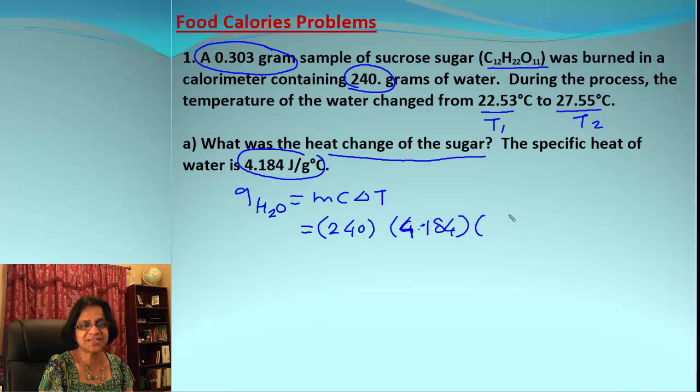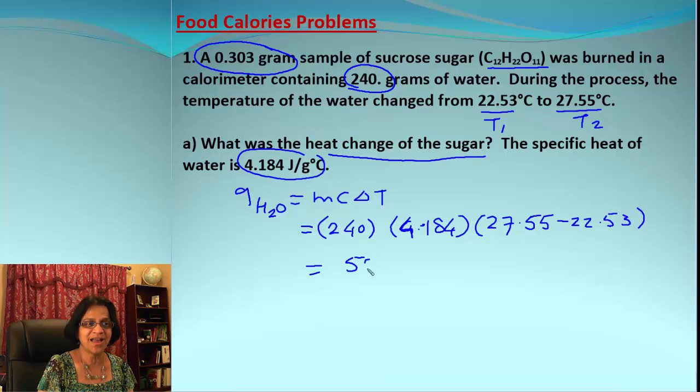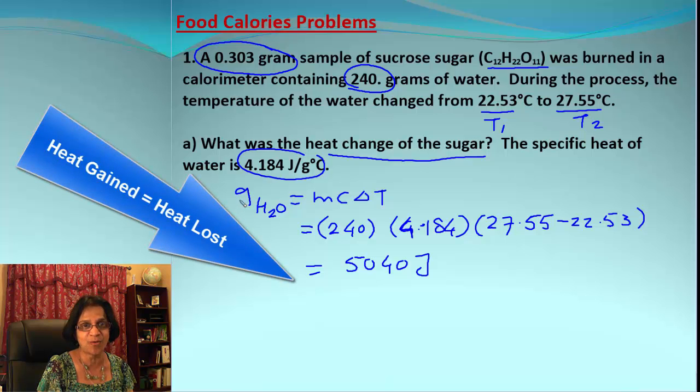And delta T will be final minus initial, so that makes it 27.55 minus 22.53. When we work on the calculations, what do we get? We get 5040 joules. This is the amount of heat gained by water.